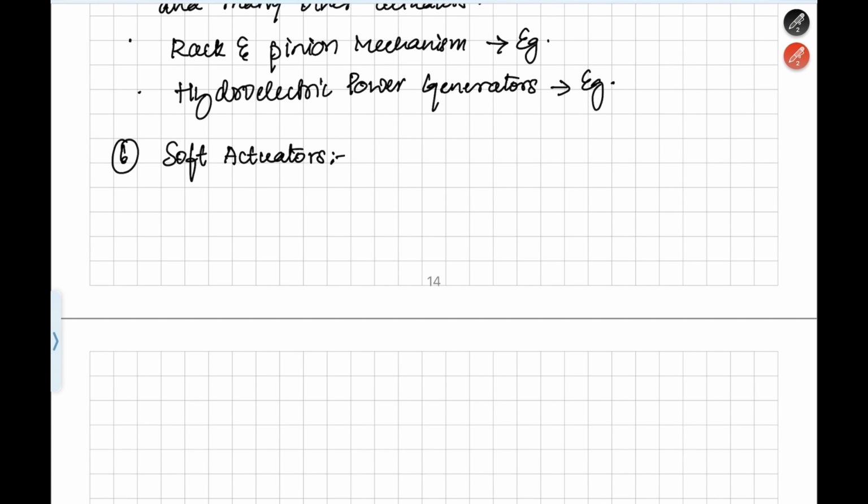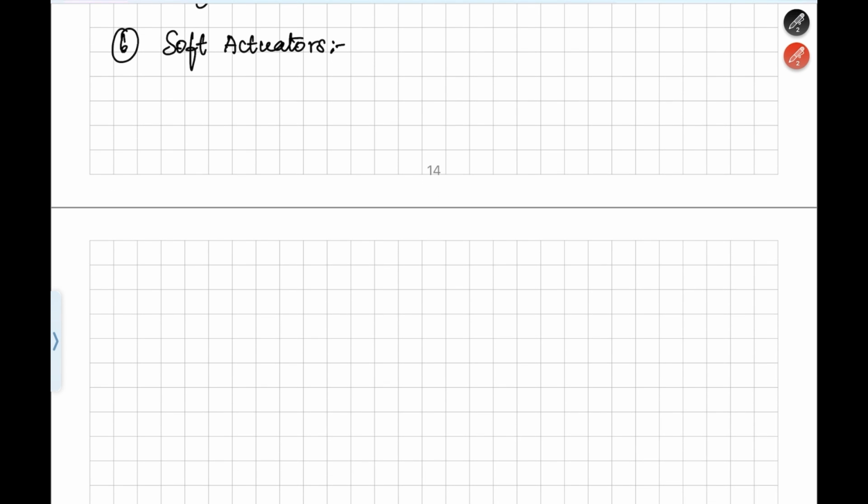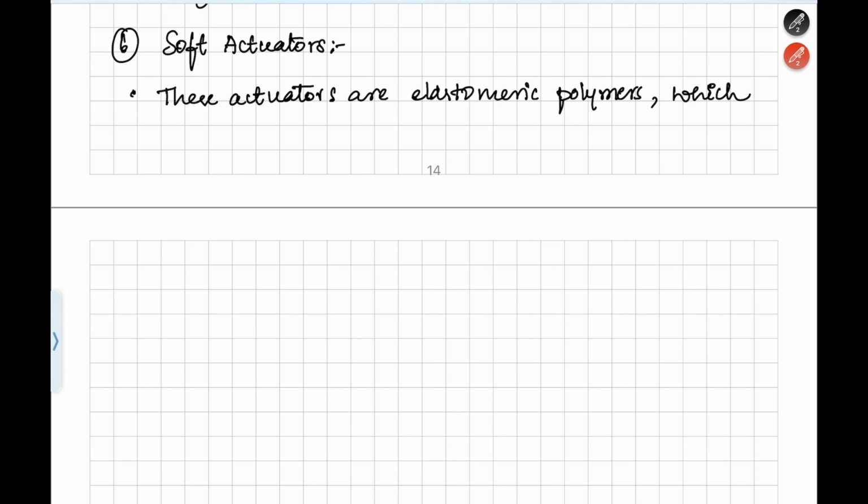The next type of actuator is soft actuators. So soft actuators make use of elastomeric polymers. They are flexible materials embedded into soft structures like cloth or paper.